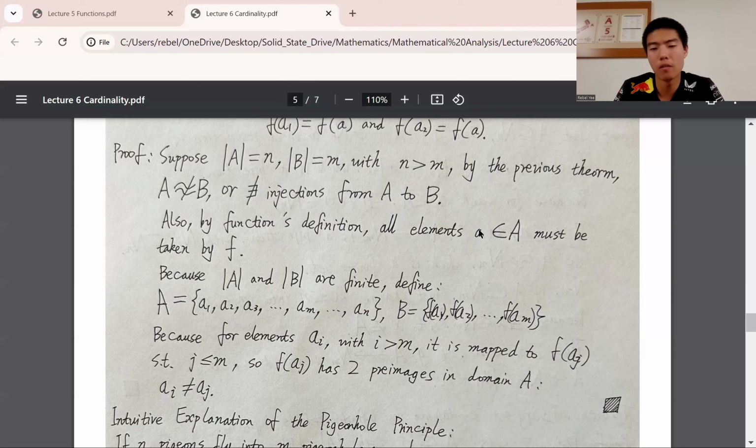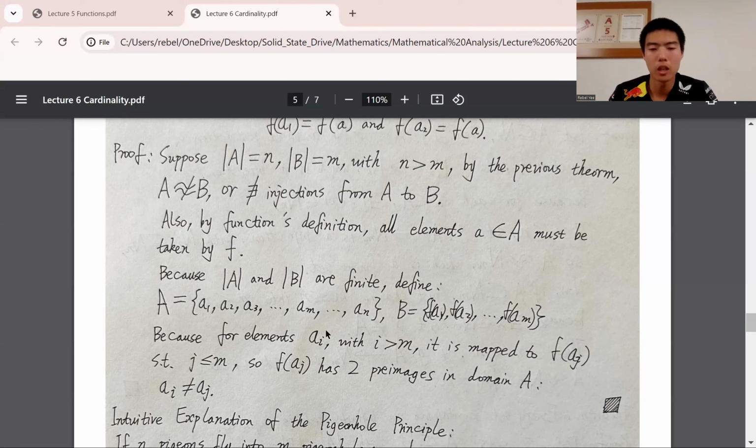Because A and B are finite, we can write them out in a form like this, where A goes up to a_n and B is f(a1), f(a2), up to f(am), because n is larger than m, so there are some elements remaining.